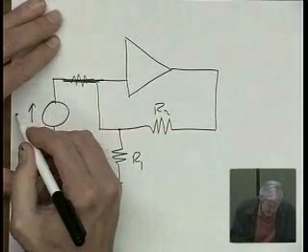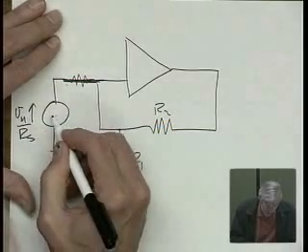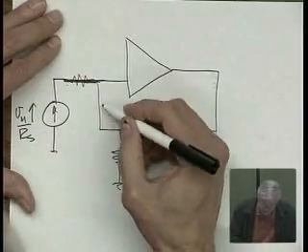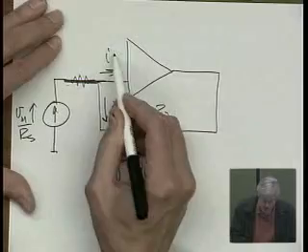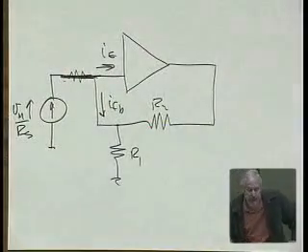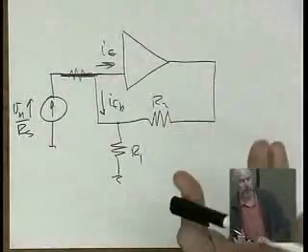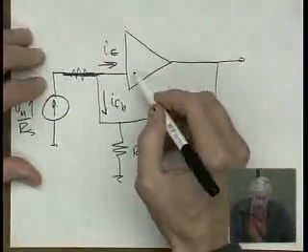So this is V in over Rs, right? And it's a current. And here is I feedback, and here is I error. Okay? And don't worry about the fact that this goes into infinite impedance here. It's not going to be a problem in the end. It's just a little bit of a problem now as we're going through this.